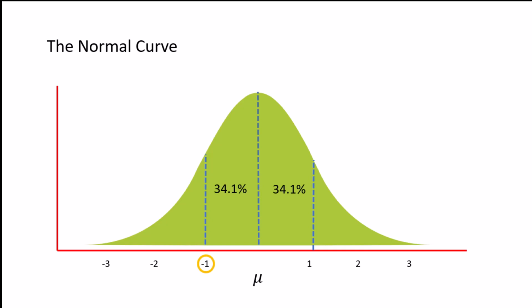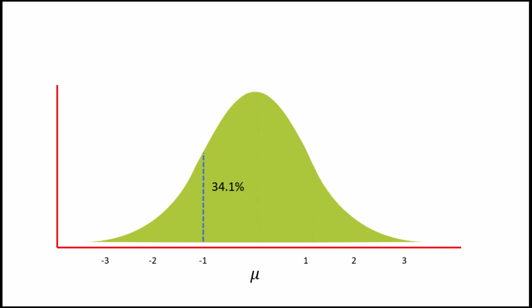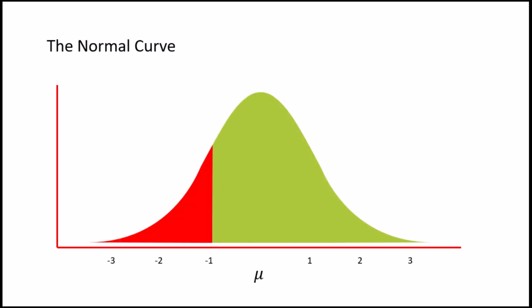Also, because the distribution is symmetrical, half the scores will fall above the mean and half the scores will fall below the mean. So combining what we know so far, that 34% of the scores will fall between one standard deviation below the mean, and that half the scores are above the mean, we can determine now that the total area that we've highlighted, one standard deviation below the mean, is about 15.9%.